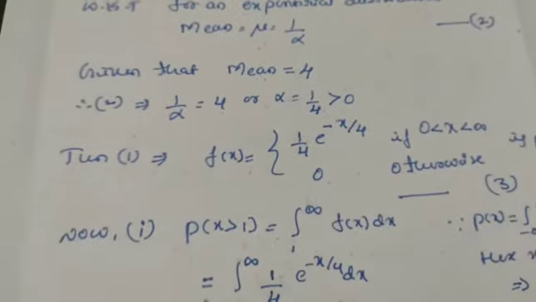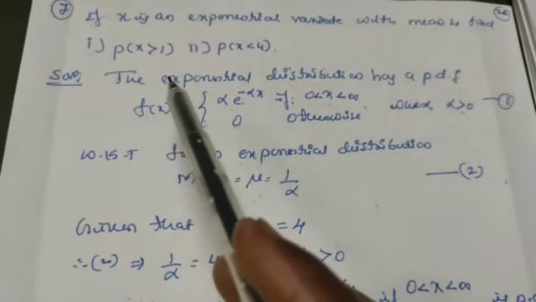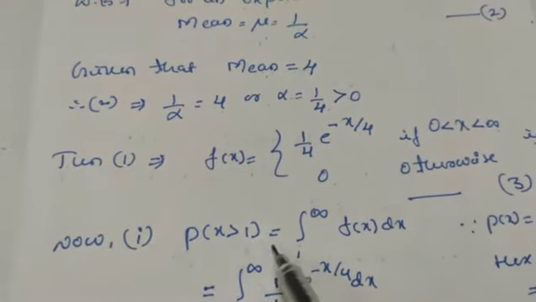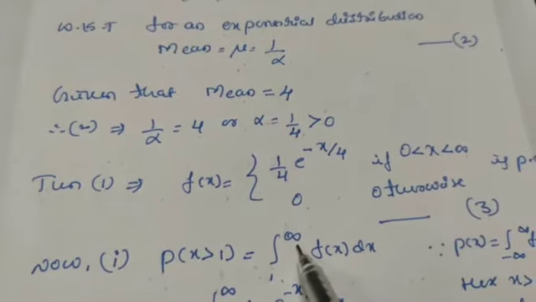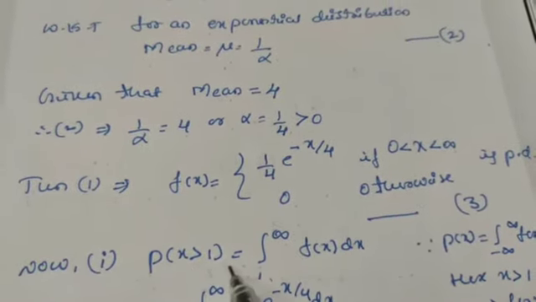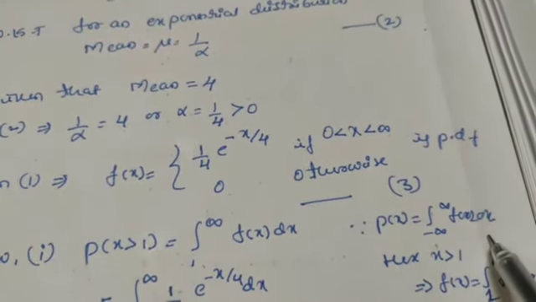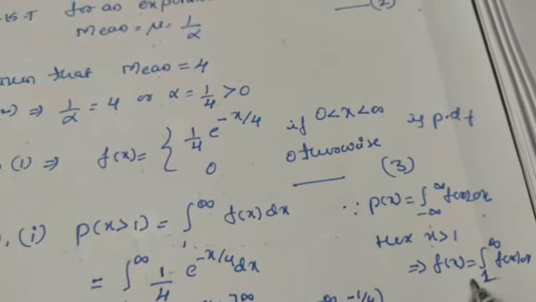Now it is asked to find p of x when x is greater than 1. So p of x greater than 1 is equal to integration from 1 to infinity, because here we know p of x is nothing but integration from minus infinity to plus infinity of f of x dx. Greater than 1 means you have to take only this limit here.